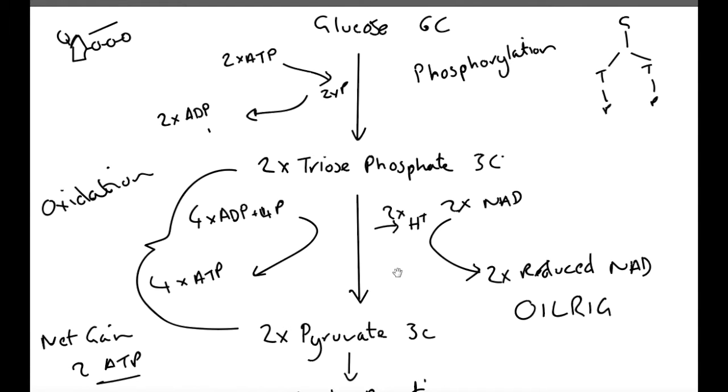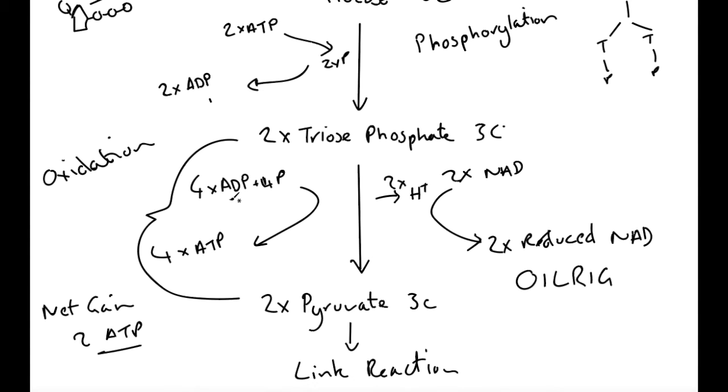4 ADP plus 4 Pi come in, and 4 ATP leave, and 2 hydrogen ions are left and jump on board 2 NADs, which make reduced NAD. In aerobic respiration, this reduced NAD will go to oxidative phosphorylation, and you'll find out what happens in another video.